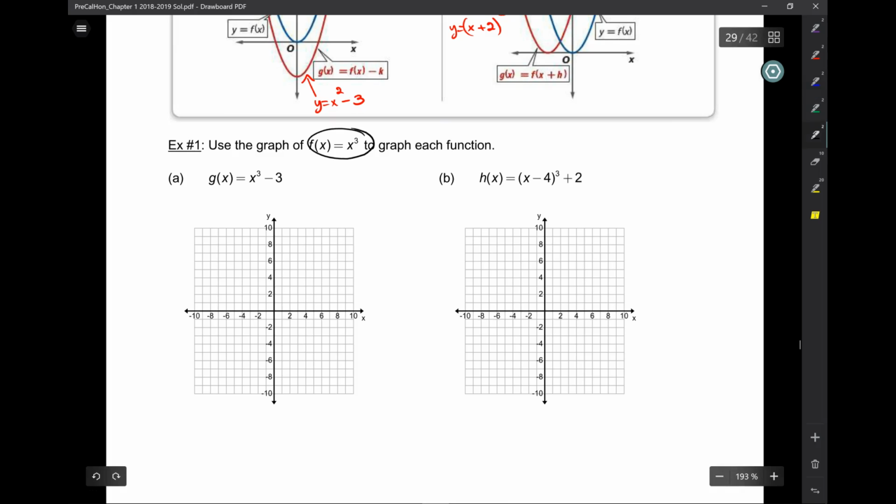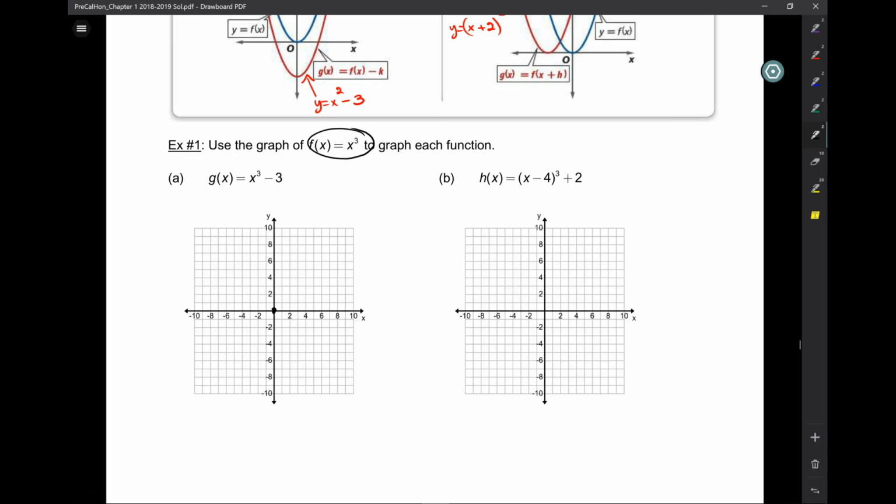Okay, so let's just graph x cubed for a minute. Let me have a starting point. When x is 0, what's y? 0. I'm just doing x cubed, the parent function. What this function does is it takes the x value and does what to it?